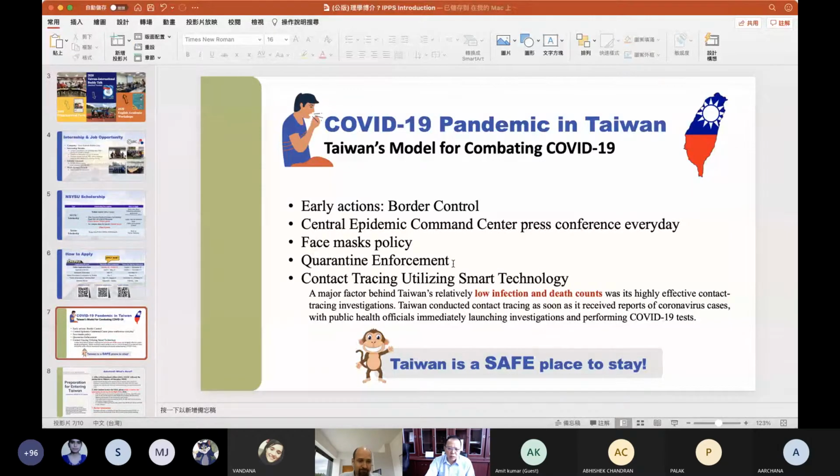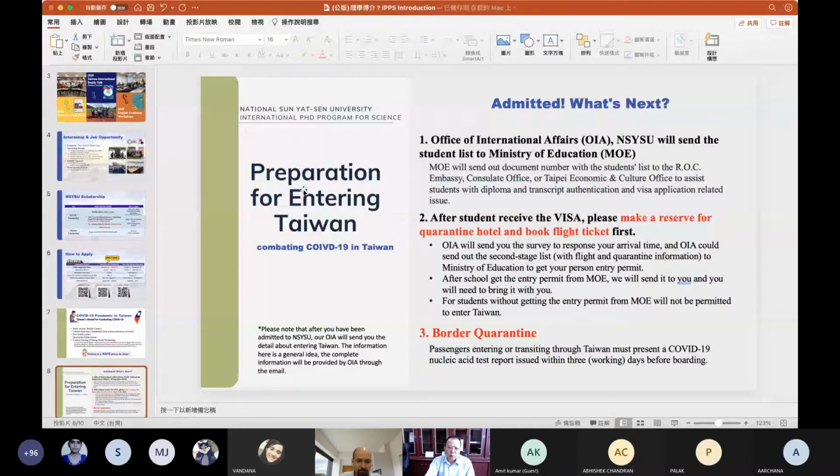Later on, I will introduce more about the quarantine. So preparing for entering Taiwan, the first one is after you accept the acceptance letter, then our International Affairs Office will send a student list to the Minister of Education.